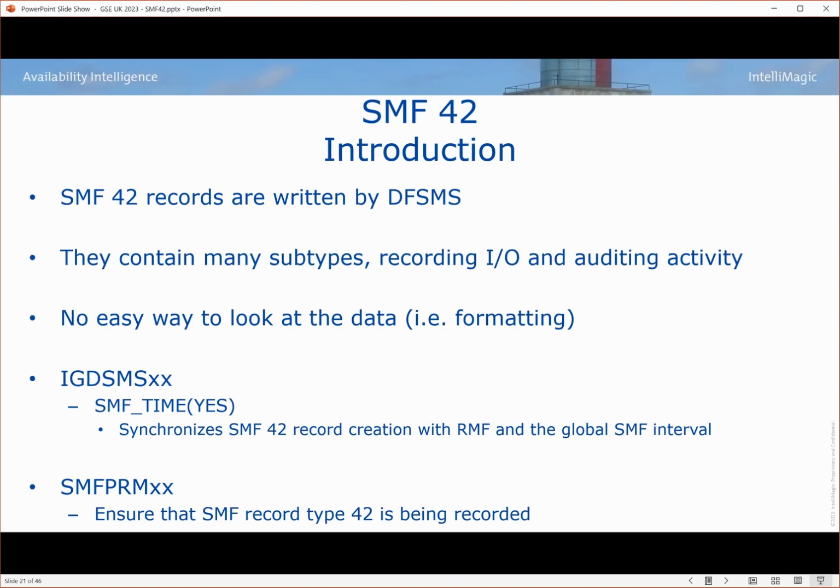As far as synchronization of the data, you can certainly do that, and it's interesting to synchronize it with RMF and your global SMF interval. And also in the SMFPRMxx member, make sure you're actually recording the 42 records. You may have turned them off for some reason. So that's just a general piece of information.